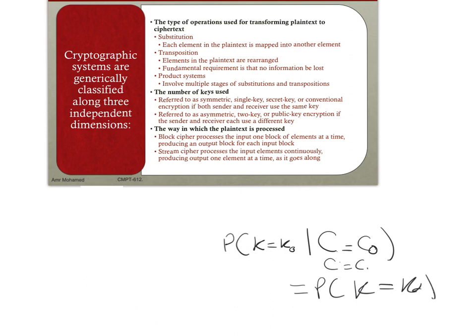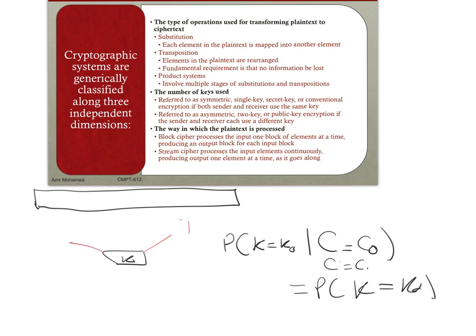Stream ciphers. Okay, stream ciphers are the other way around. Stream ciphers talk about the fact that you have the message. This is the message. We don't divide it into blocks necessarily. What we do is that we have the key, and we use the key to generate what we call a random sequence.